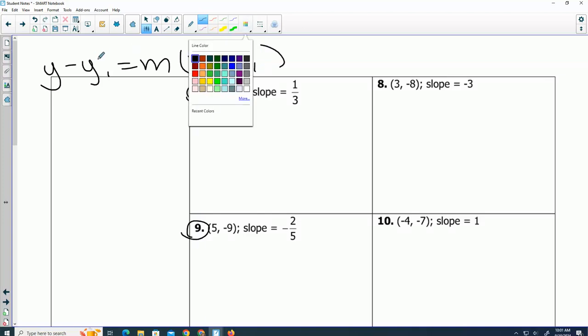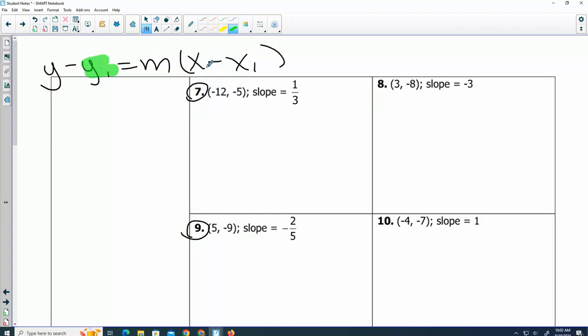You are replacing the m, x1, and y1. In my ordered pair, x comes first, so that's x1, y1, slope is m. So y minus negative 5 equals m, which is 1/3, x minus negative 12.